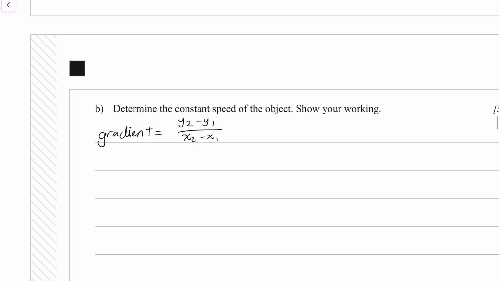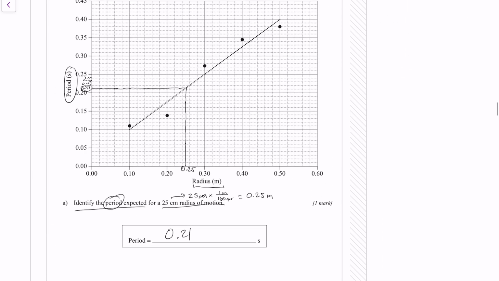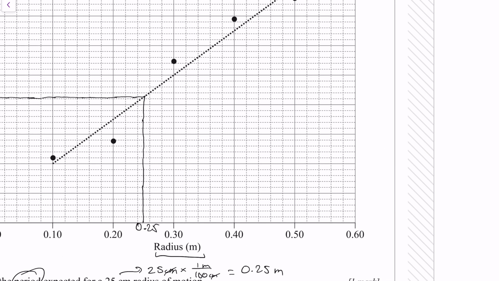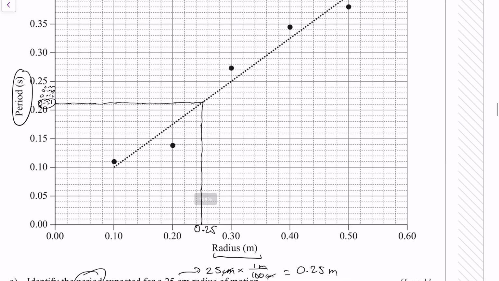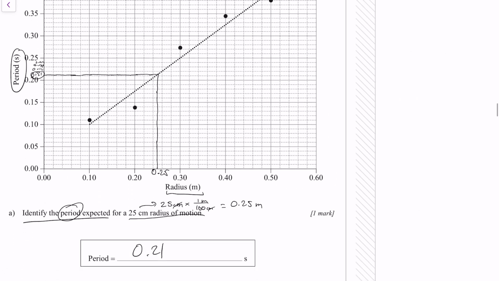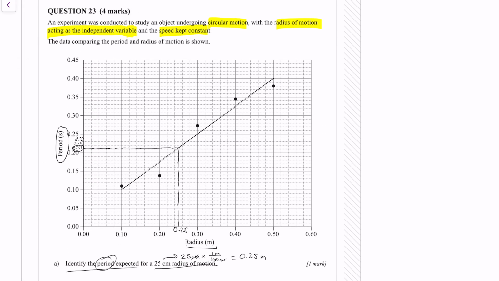Okay, and then I would choose my 2 points. Okay, I want to choose 2 points that are on the line. Okay, it has to be on the line. Don't use points that are dots. Okay, that's a common mistake. I want to use 2 points that are as far away as possible, but still give me good coordinates and good numbers to work with.